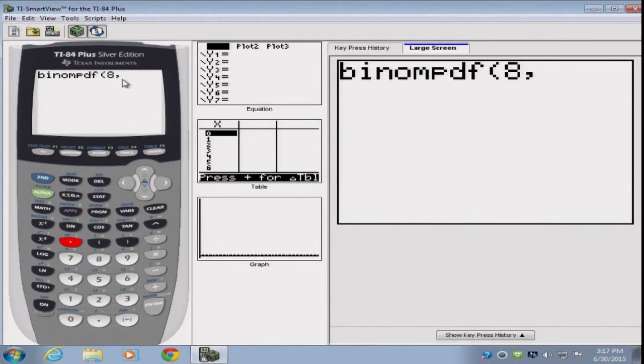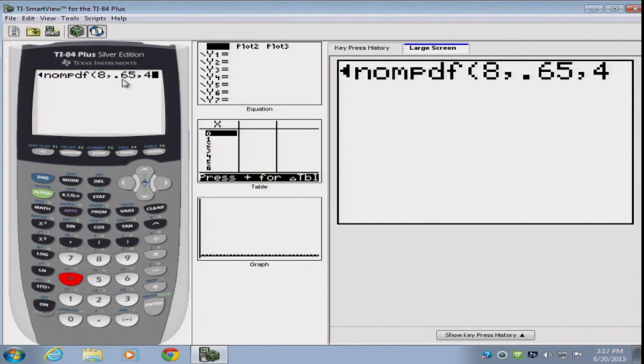If you have that other operating system, just move down your list. It's going to ask you, okay, so what's the probability? That was the 0.65. And then we need a comma. Keep moving down your list. The X value, or the number of successes that we want, that's the 4. And then we should be able to go ahead and calculate.